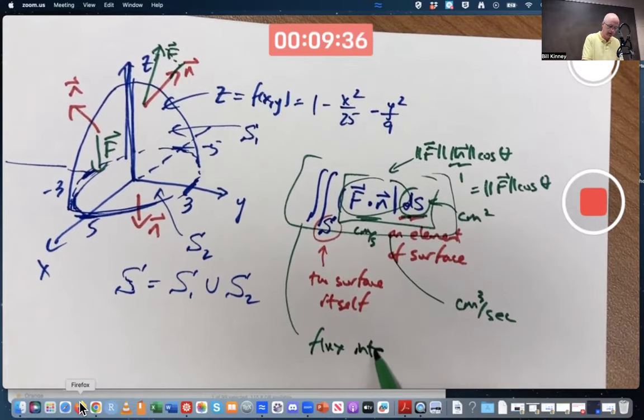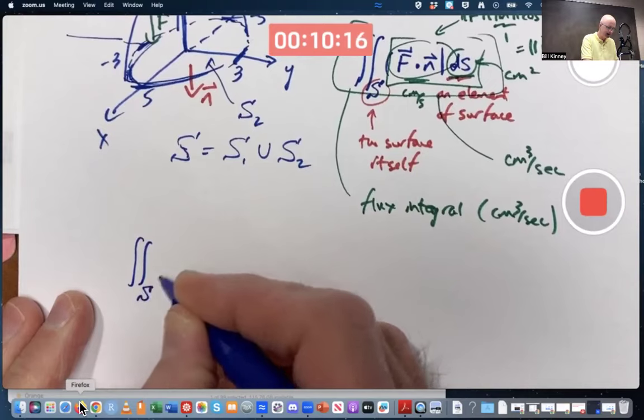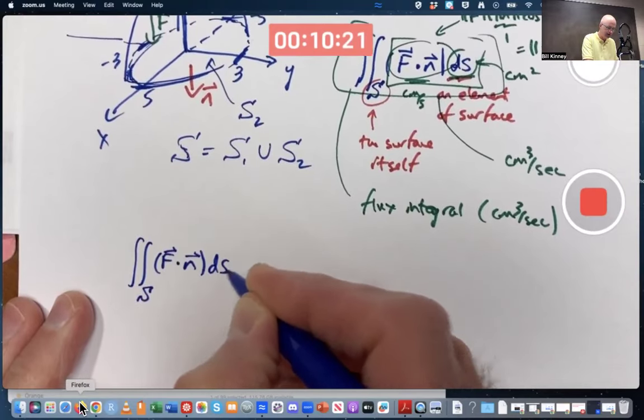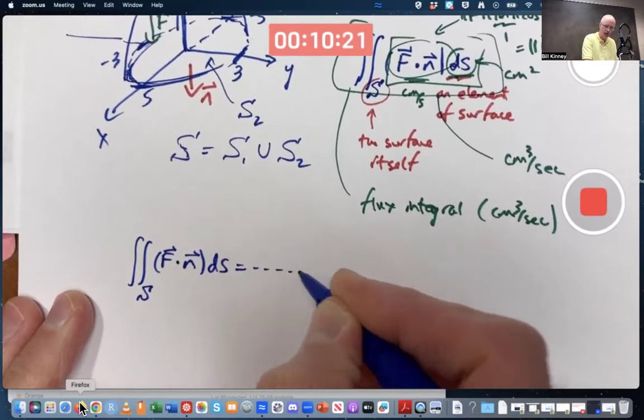You've got to use a parameterization, and the way it's typically written is that the flux integral, ultimately, through a little bit of work, is a double integral of f evaluated at the parameterization, r of uv, dotted with a normal vector that can be found.